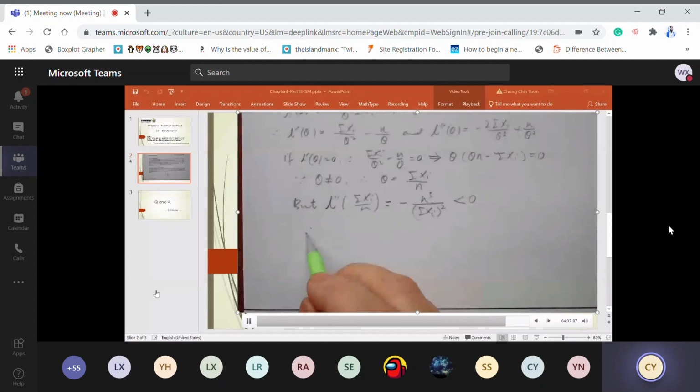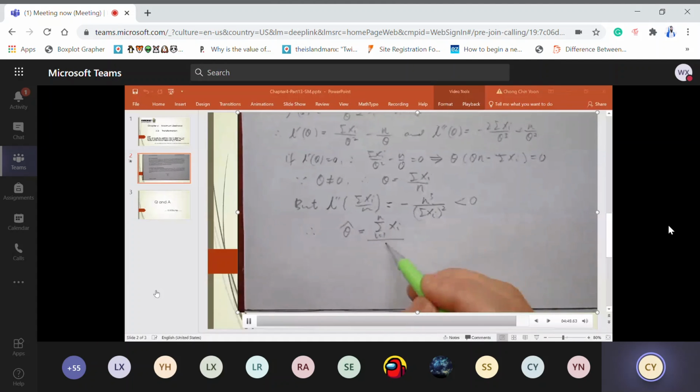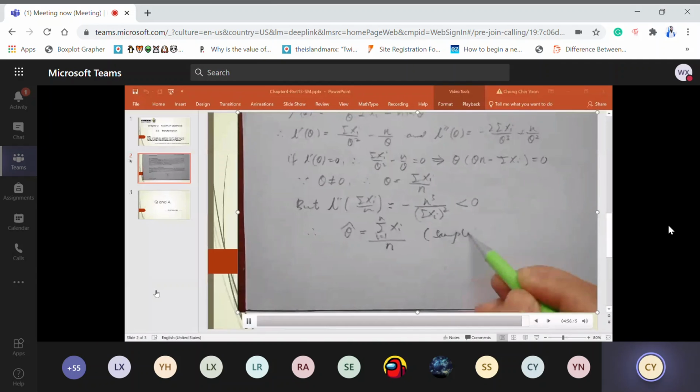And hence, under MLE, the estimate of theta equals the summation of xi, from 1 to n, divided by the total sample size n. And this is actually the sample mean.